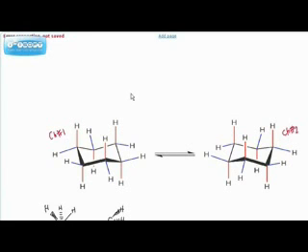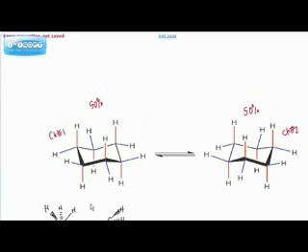And on unsubstituted cyclohexanes, meaning that there is nothing but hydrogens attached to each carbon of the cyclohexane molecule, we will see equal 50-50 ratios of the presence of both of these chairs in the ring flipping process.